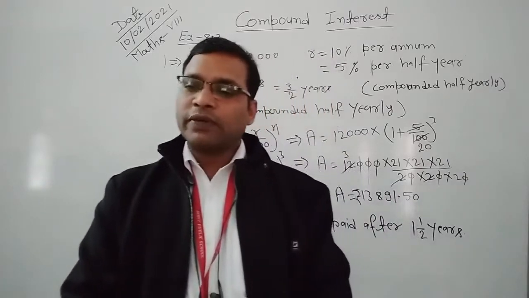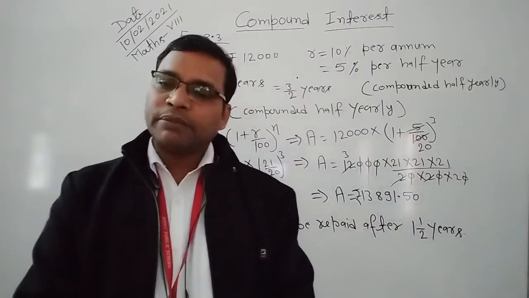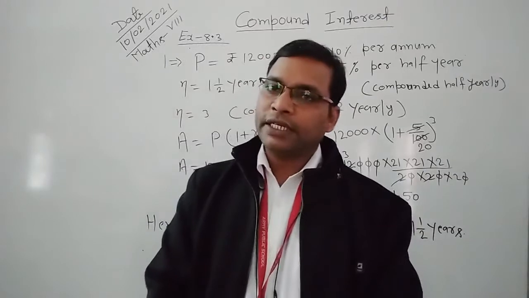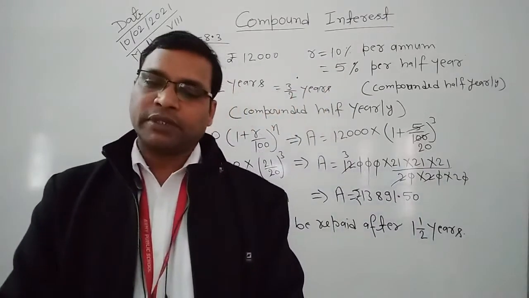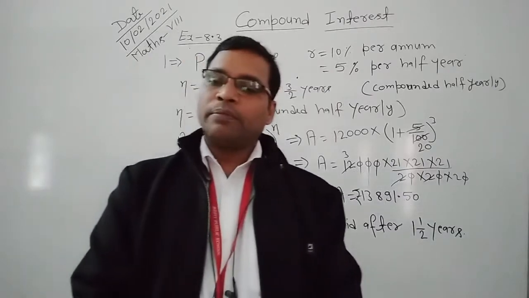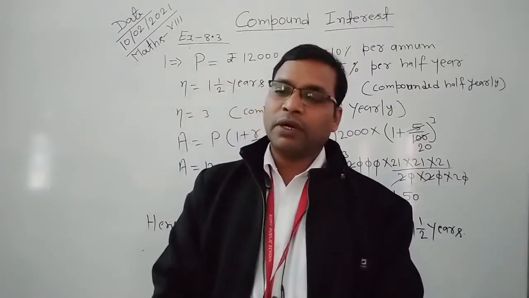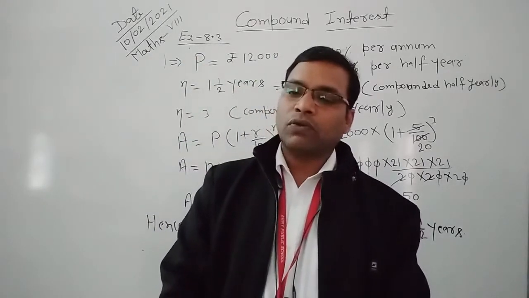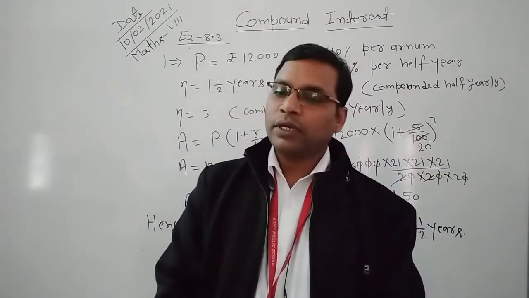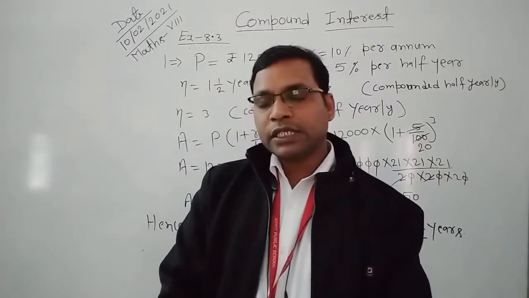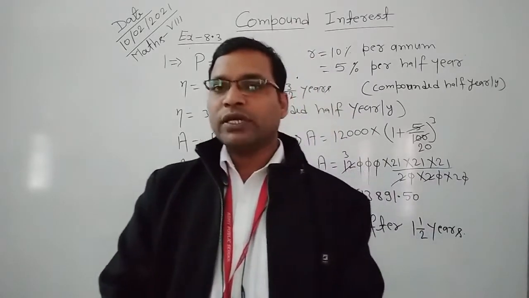So students, here you can see the principal is given here as 1,800, the rate is given here as 8%, and the time is 6 months. But here we find the amount compounded quarterly. So in 6 months, how many quarters? Obviously you can say 2.